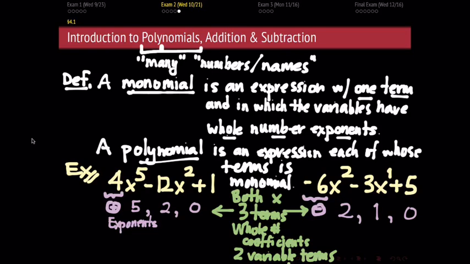So that's the first thing we'll observe: the degree of a polynomial is the highest exponent in a polynomial. So in our first example, the degree of that polynomial is 5.